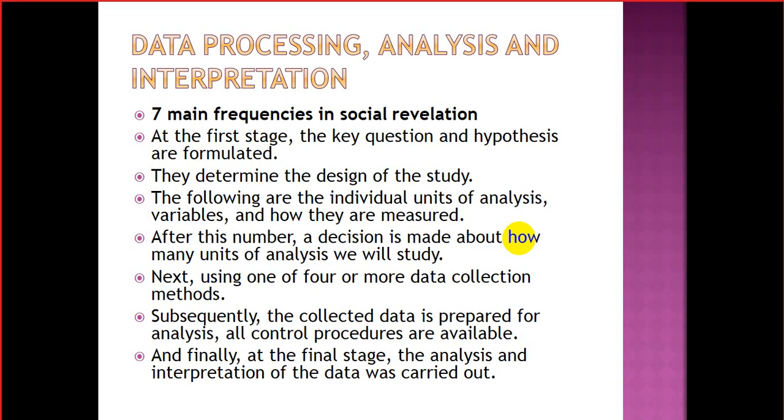After this, a decision is made about how many units of analysis you will study. Next, using one of 4 or more data collection methods. Subsequently, the collected data is prepared for analysis. All control procedures are available. And finally, at the final stage, the analysis and interpretation of the data is carried out.